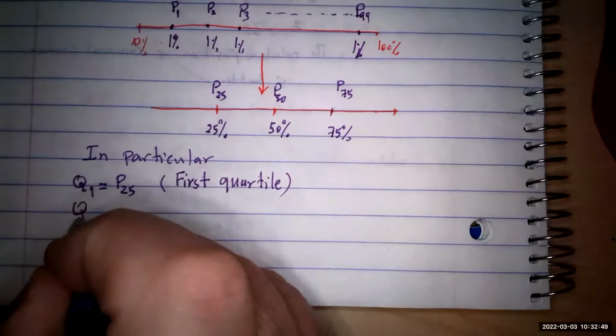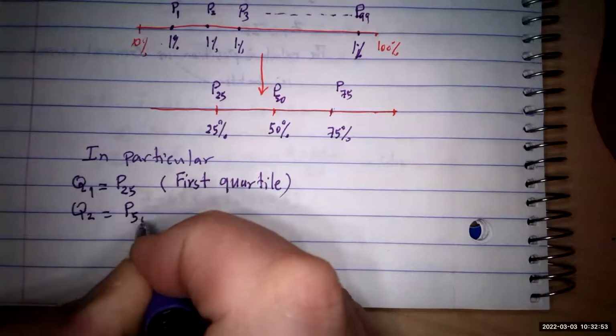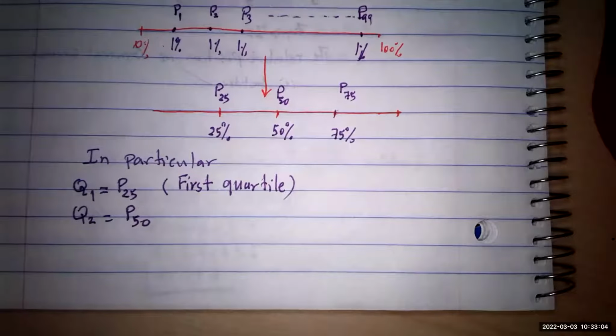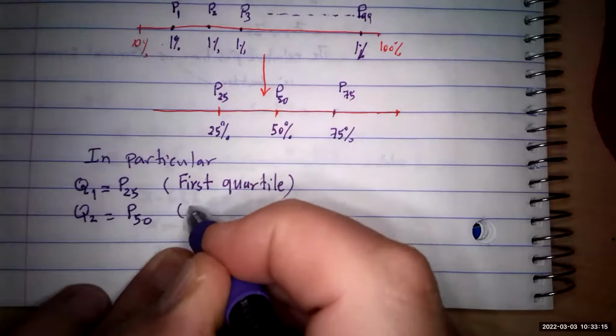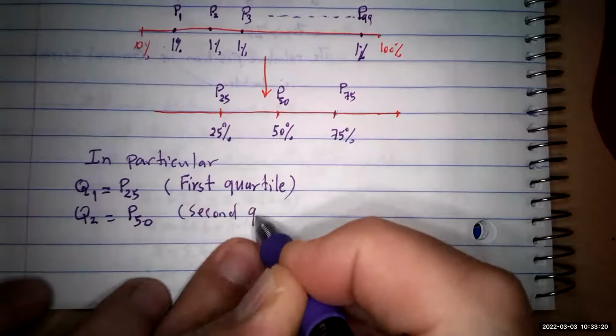Q2 would be P50. P50, you are in the middle. If your grade is at P50, it means you are exactly better than 50%. And there are 50% of the values to your right and 50% to your left. This is called the second quartile.